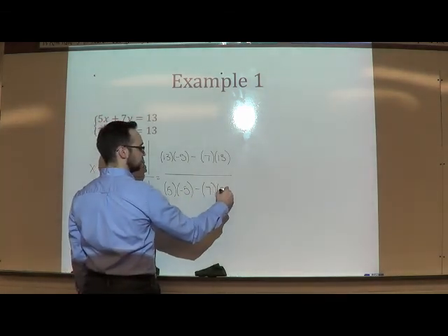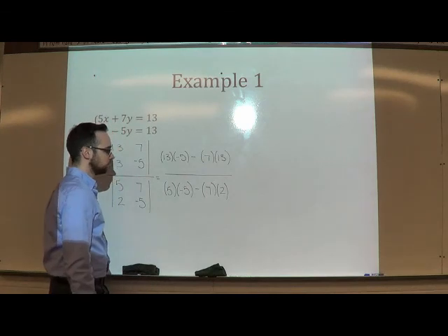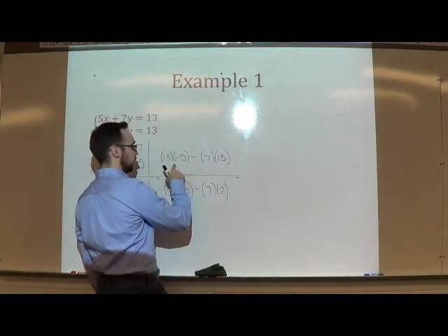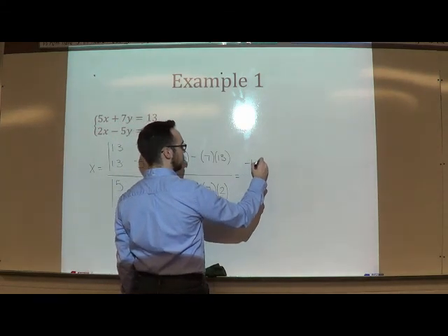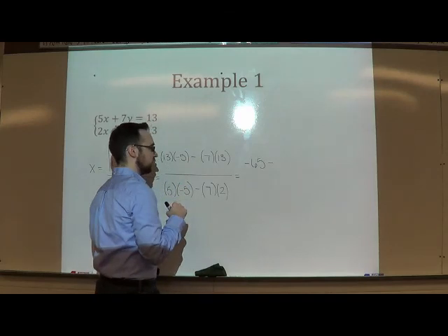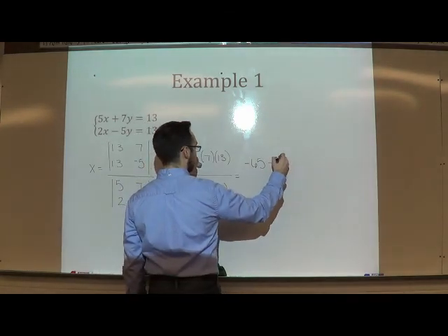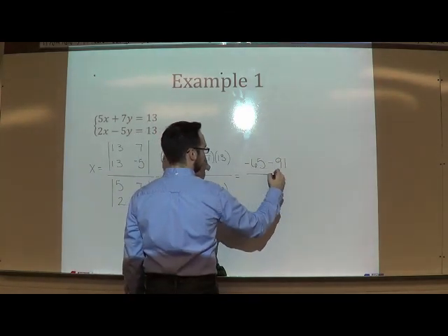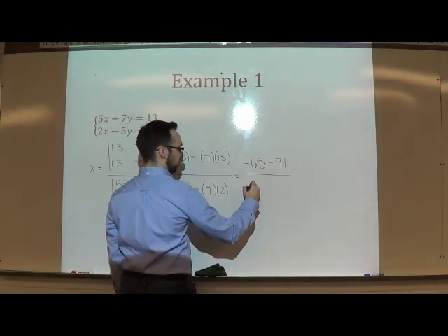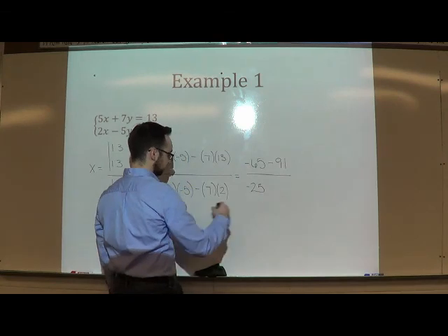So we'll set that equal to 13 times negative 5 is a negative 65, minus 7 times 13 is going to give us a 91, all over negative 25 minus 14.